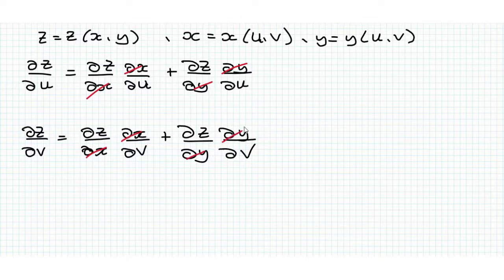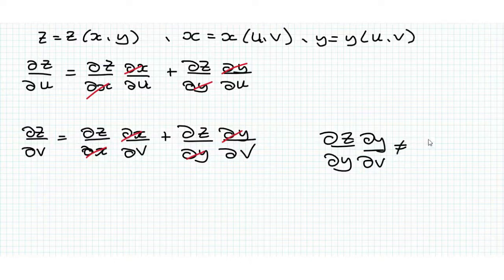Alright, but that's just to demonstrate how you can remember it. Never write that down. It's not true, the same as with regular derivatives, that dz by dy times dy by dv is not equal to dz by dv.